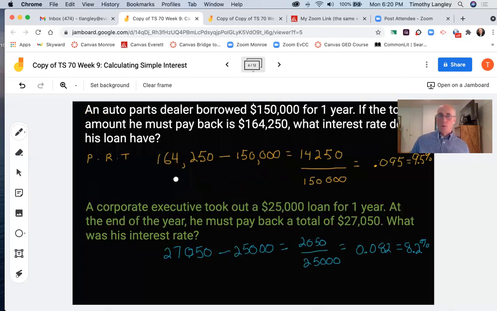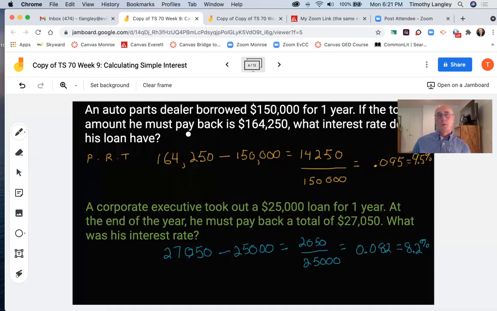Now we're going to move into something a little bit different. If they give you two of them, and then they ask for the third, I'm going to show you how this works if they don't just ask you for the total. So an auto parts dealer borrowed $150,000 for 1 year. Here's the principal, there's the time.